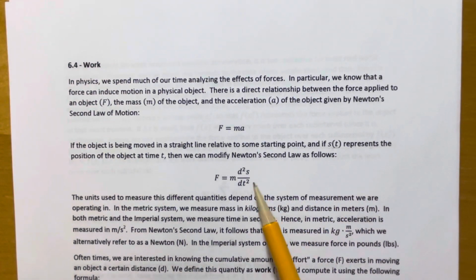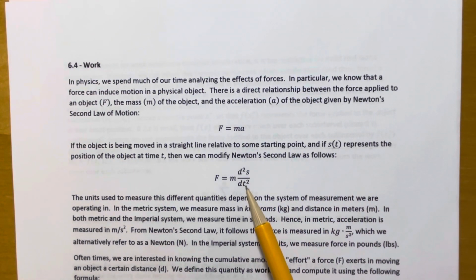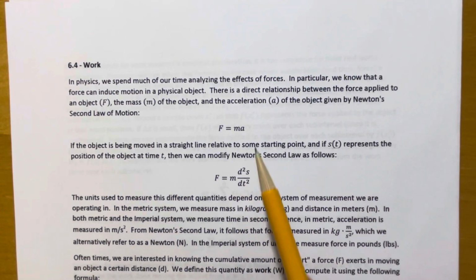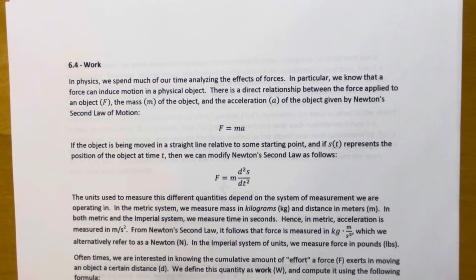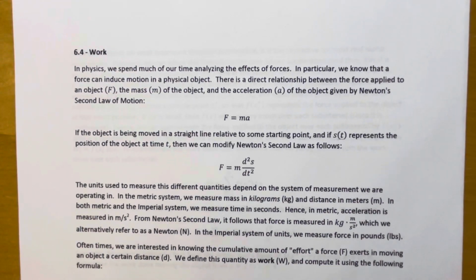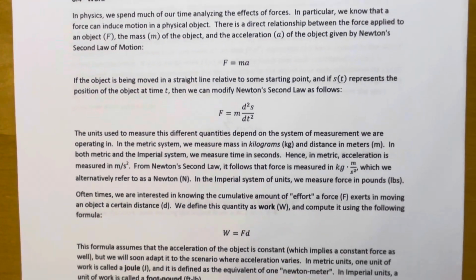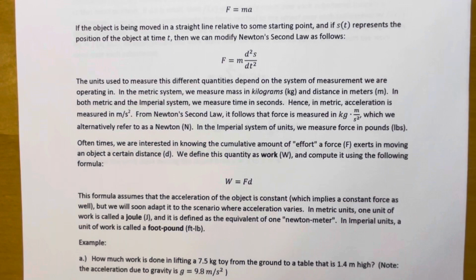So we can replace that a with a second derivative of s with respect to t, and this is another way of representing this same principle, this same physical law. Okay? So with that said, that's specifically the topic of forces that we're talking about.